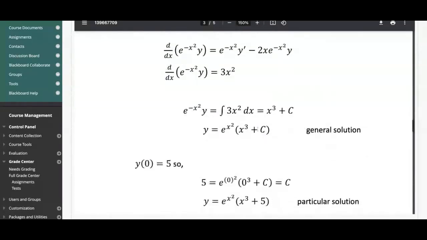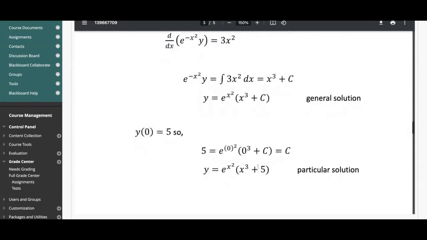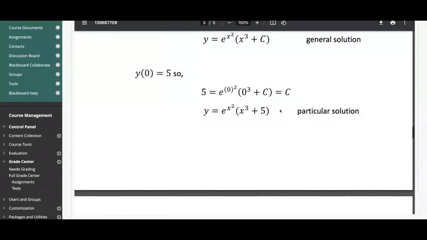So just plug in. X is 0, this term is 1. X is 0, this term is 0. This is y equals c, so c equals 5. So we just plug in for c. So a particular solution is this.